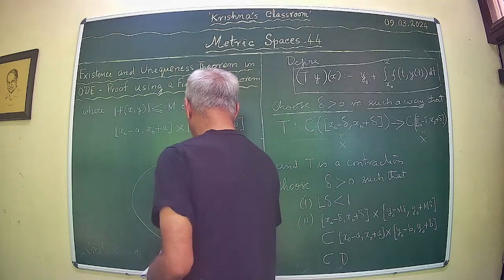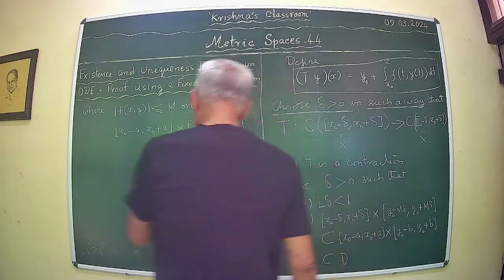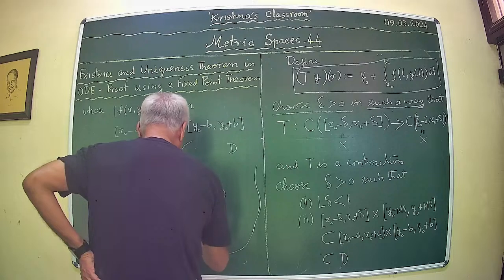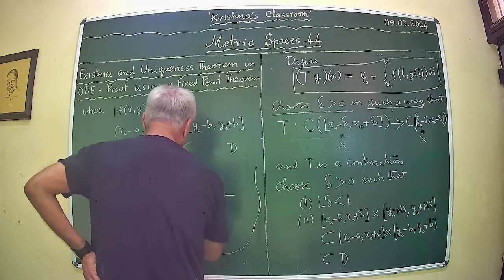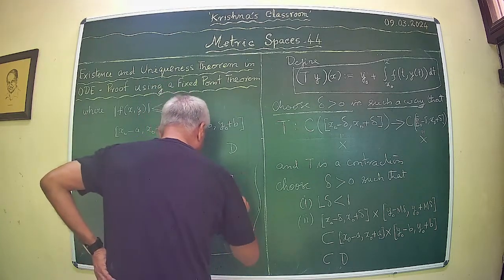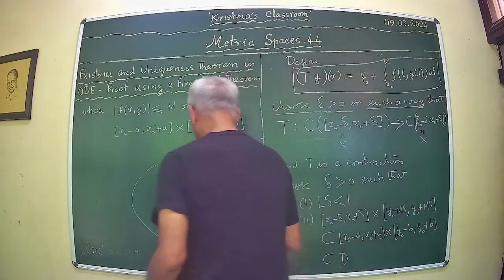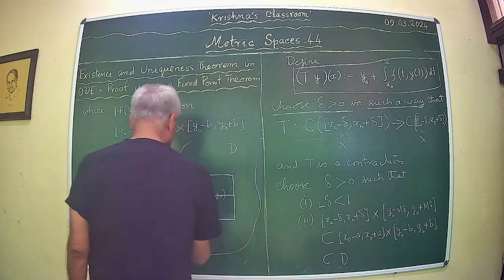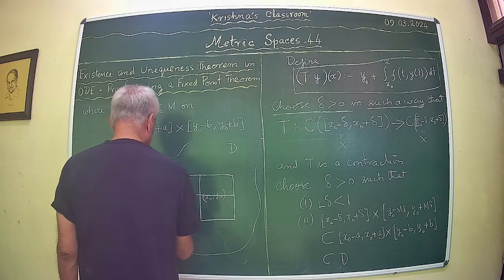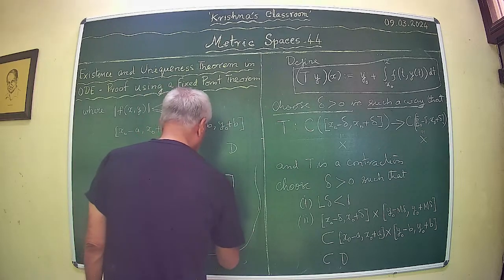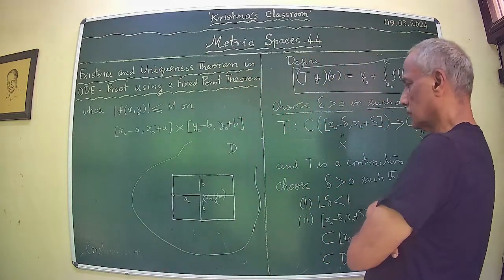Now x naught, y naught is a point of D. Now what we do is, we first choose a rectangle here such that this distance is A and this distance is B. Okay.